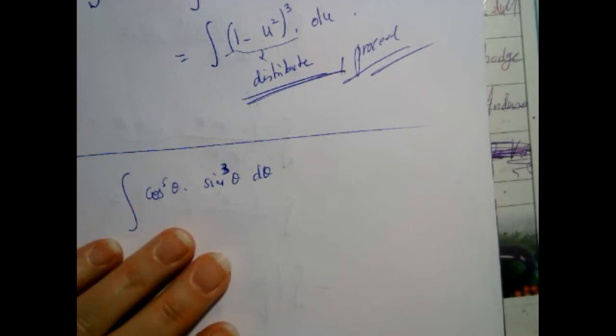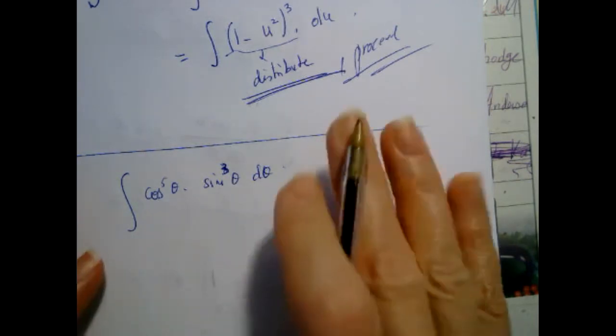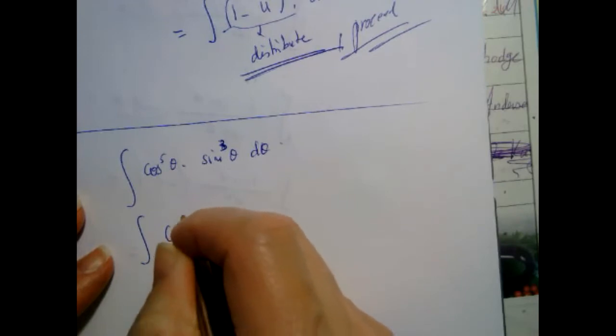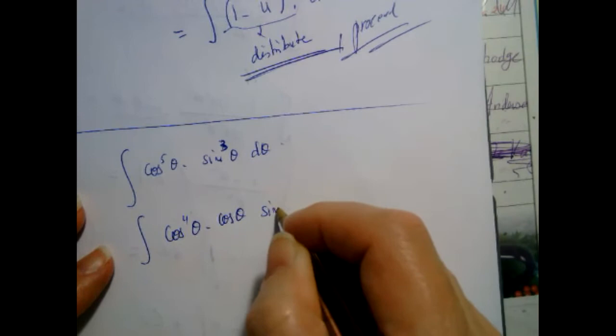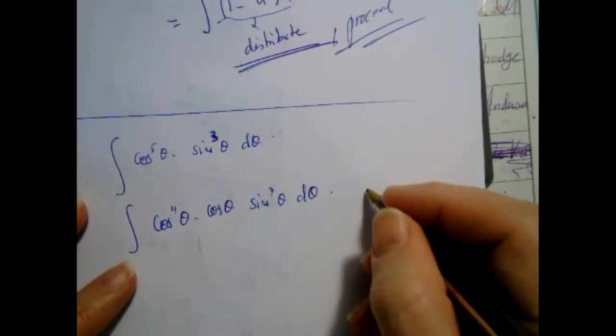So which one do you want to split in this scenario? Cosine to the power of 5. Okay, suppose I split the cosine, then what's going to be my u?